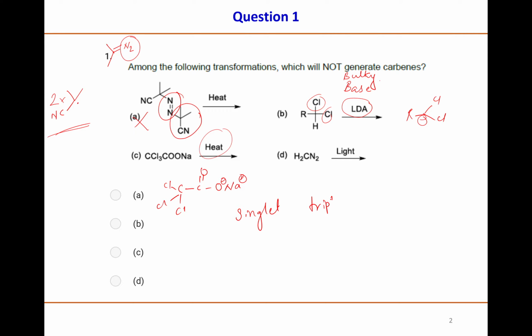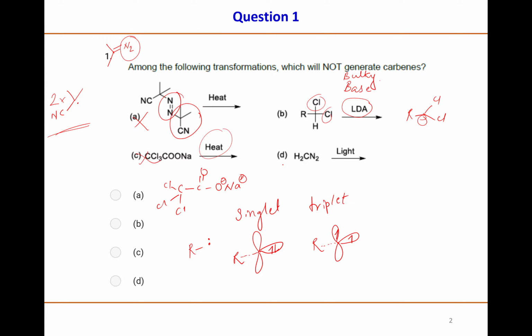In singlet carbene, we all know that a pair of electrons is present. Now talking about the triplet carbene, one electron in the same spin is present like this. So in short, carbene has a pair of electrons, right? But here when it gets knocked out, carbene generation is not possible. So that's why this option is also eliminated.